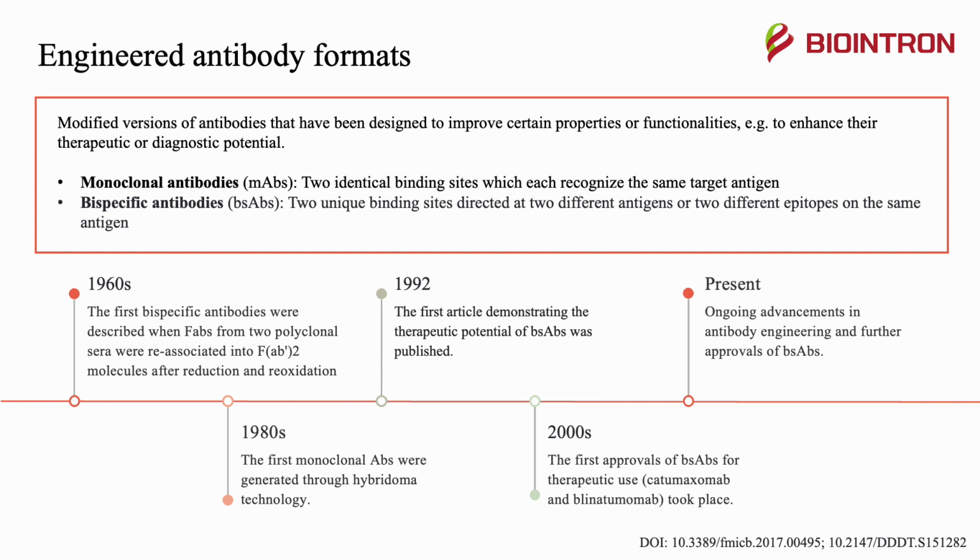Later on, the first article demonstrating the therapeutic potential of bispecific antibodies was published in 1992. During the 2000s, the first approvals of bispecific antibodies for therapeutic use took place. And now, in the present day, ongoing advancements in antibody engineering and further approvals of bispecific antibodies are occurring.